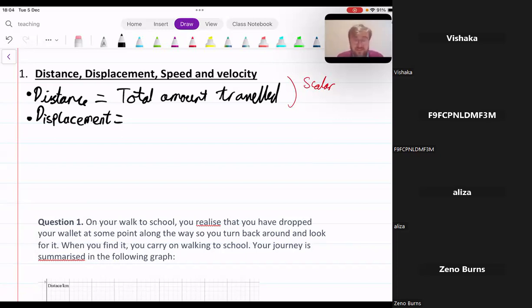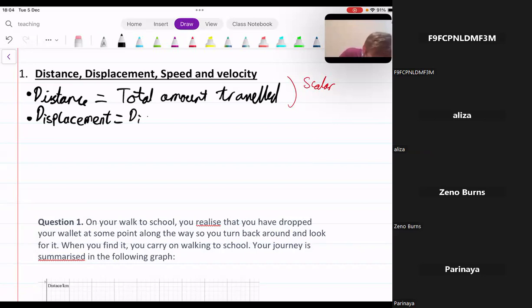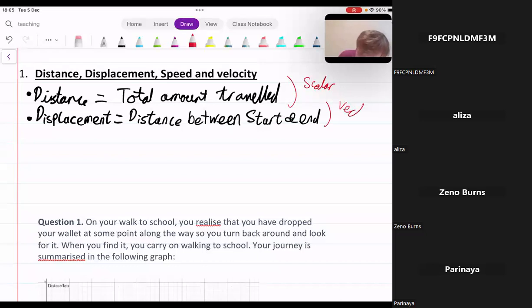This is the distance between the start and the end point, but it also has a direction. Because it has a direction, it's a vector. The difference here, we'll see in the questions, is that traveling 10 miles north is different from traveling 10 miles west, even if they both have a distance of 10 miles.